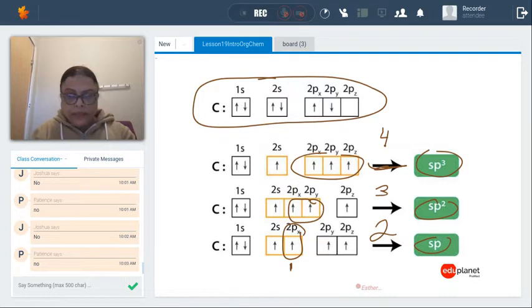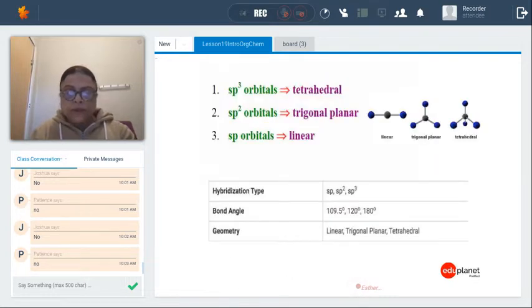No. Okay, all right. So when we look at molecules that have sp3, carbon has 4 partners.